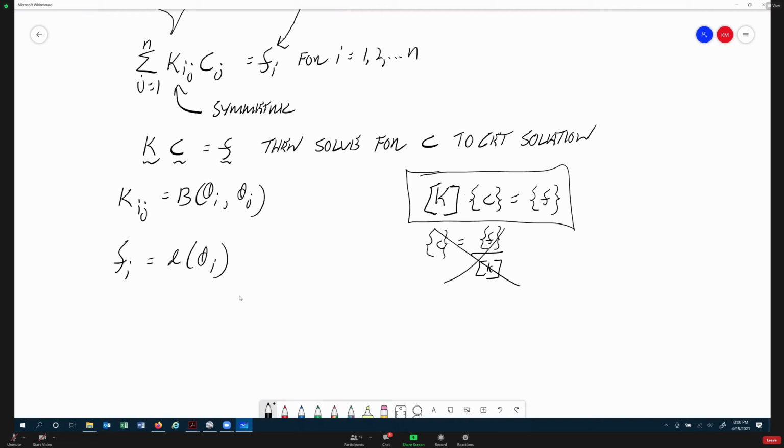We think we know this. We have to calculate it. But these B's, these bilinear things, are nasty, right?